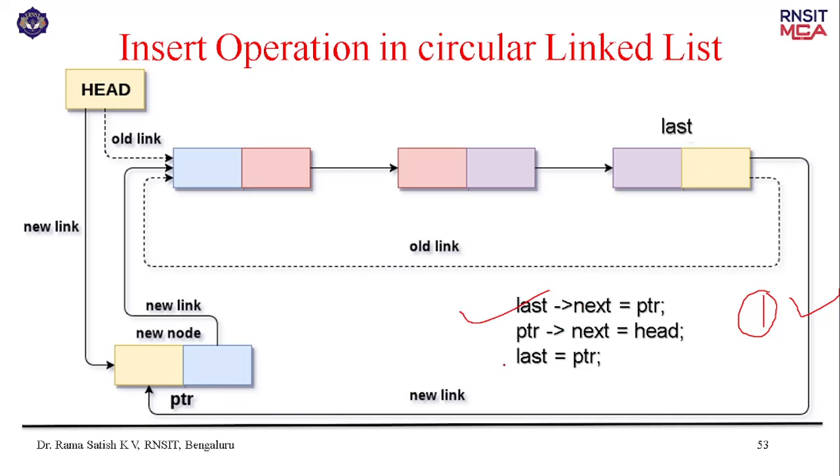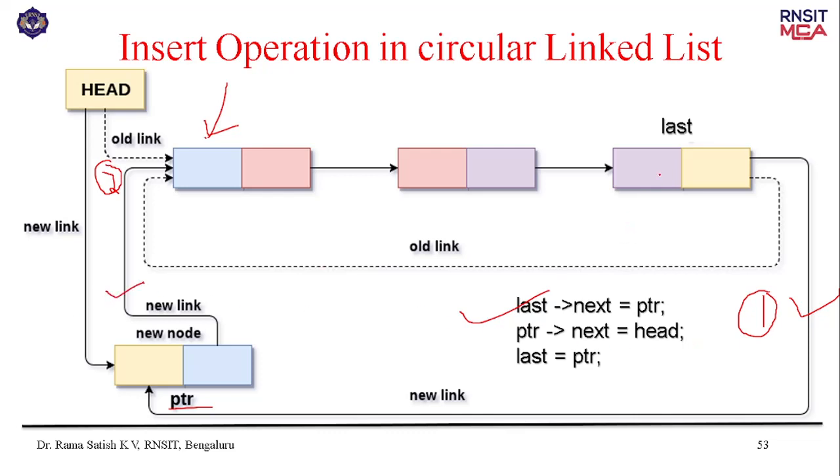The second line is PTR next is equal to head. PTR is the new element, and head is pointing to the first node, so PTR's link will go to the first node. So this is the second step, and the other is the first step.